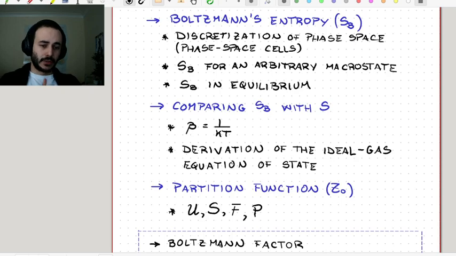And to conclude, we are going to see a particularly important object, which is this partition function. We are going to say what it is.